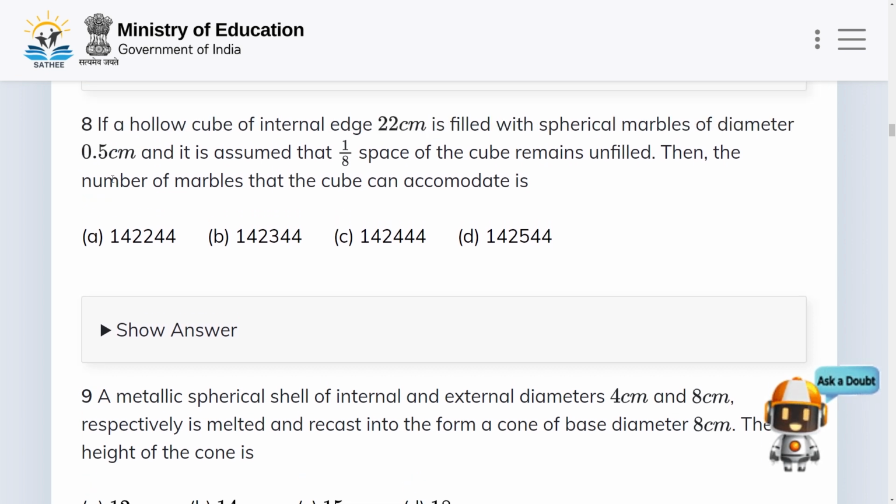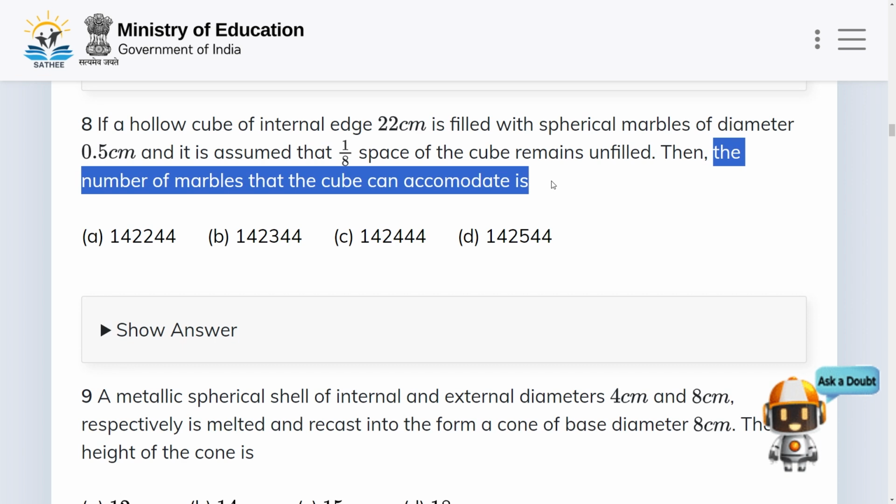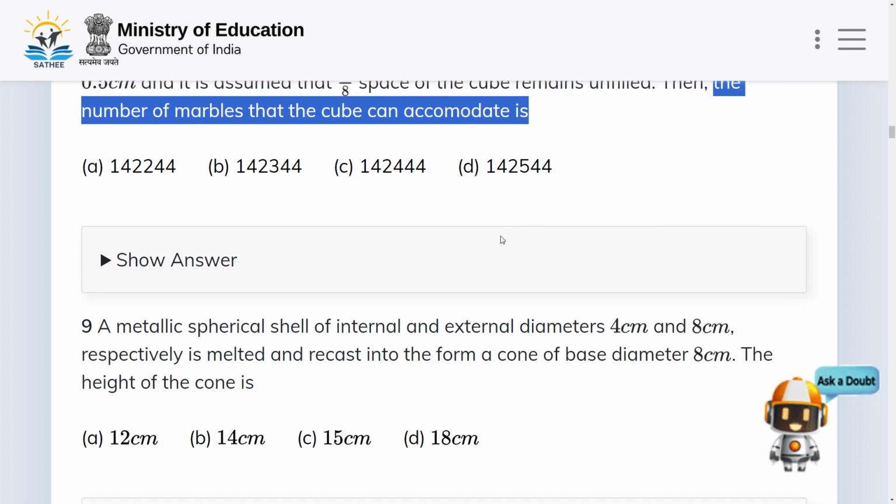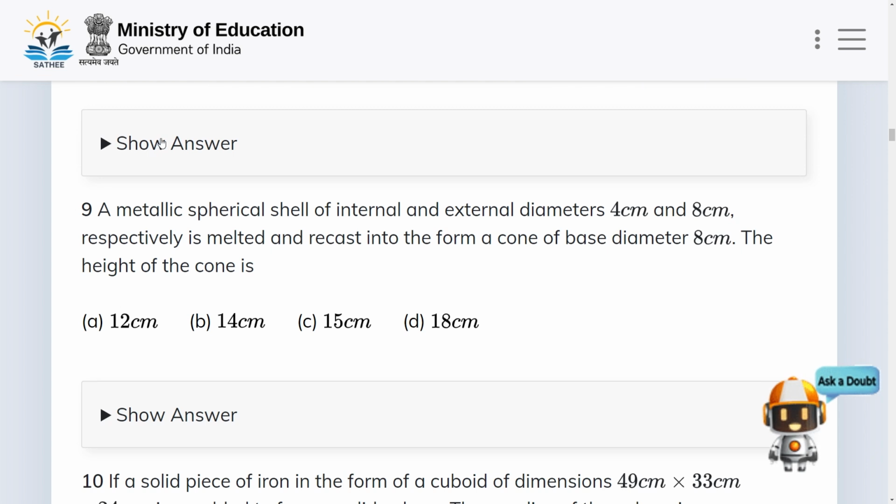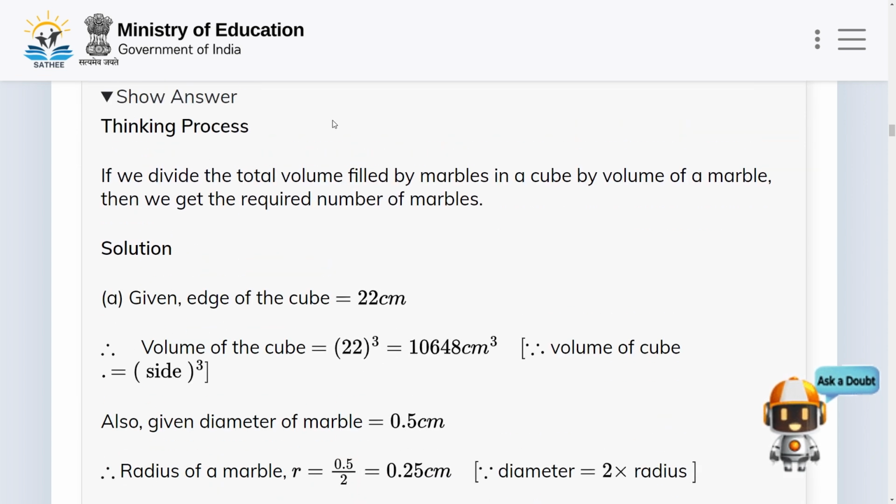So you have to find the number of marbles that the cube can accommodate. Let us solve this problem. First of all, we will discuss the thinking process. If we divide the total volume filled by marbles in a cube by the volume of a marble, then we get the required number of marbles.